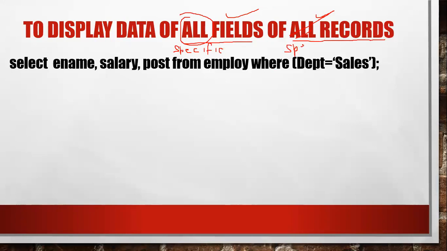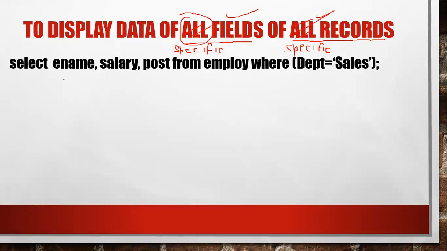So just correct it. You have to write: display data of specific fields of specific records. In the fourth category it is not all; in spite of all, you have to write specific.